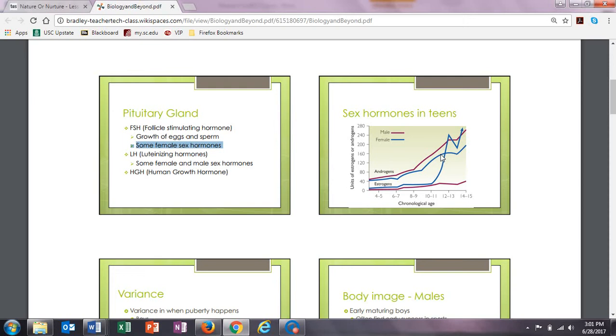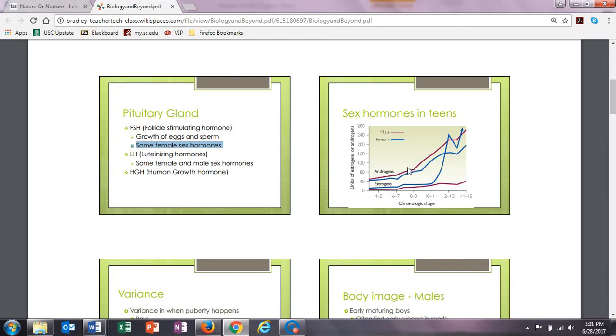Well, in 6th grade, it happens all the time, because look at this spike here. This estrogen spike happens so that females are bigger and stronger. Right here in grade 5, 6, and sometimes even into grade 7, there is a huge spike. Now notice the male androgen hormone.